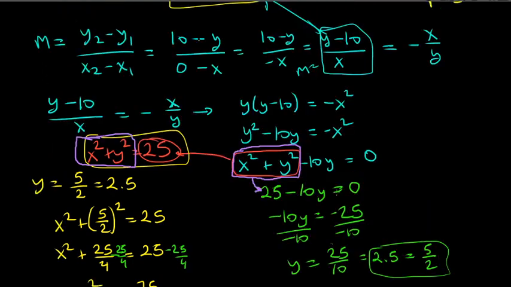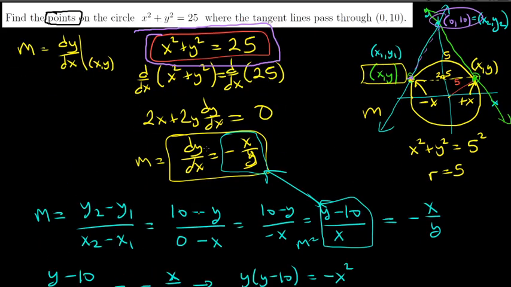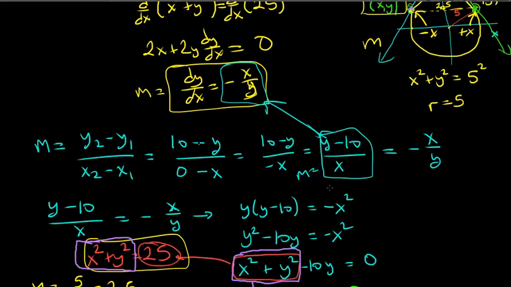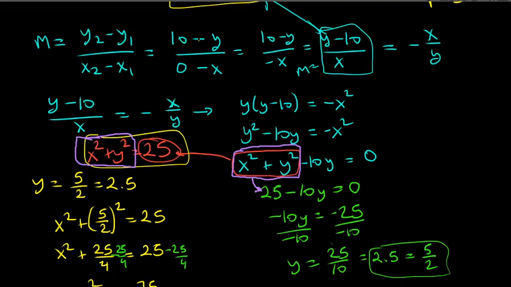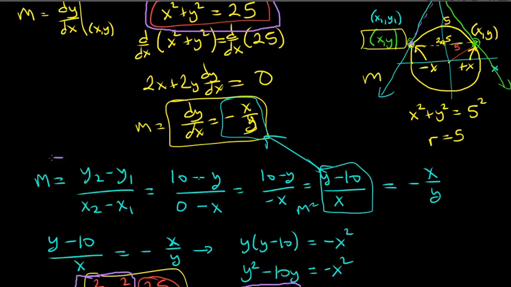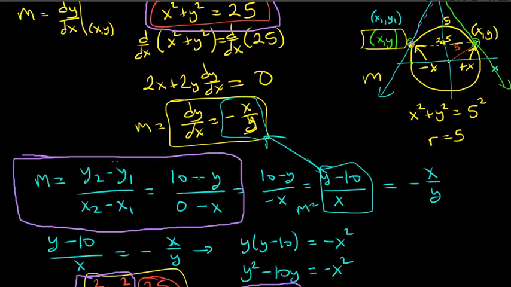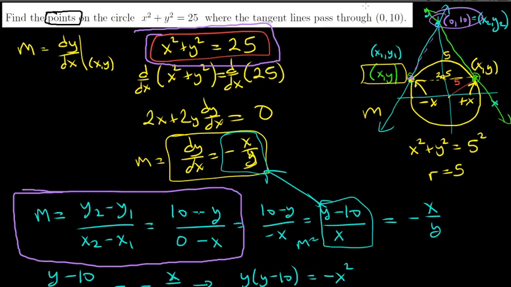So, look, there might be another way to do this. This is the way that I sort of settled on here. But if you find another way to do it, great. Yeah, we had to use the fact that it's the tangent line, but also the fact that it passes through 2 points, the point x,y, which we didn't know, and the point 0, 10, which was given to us, right?